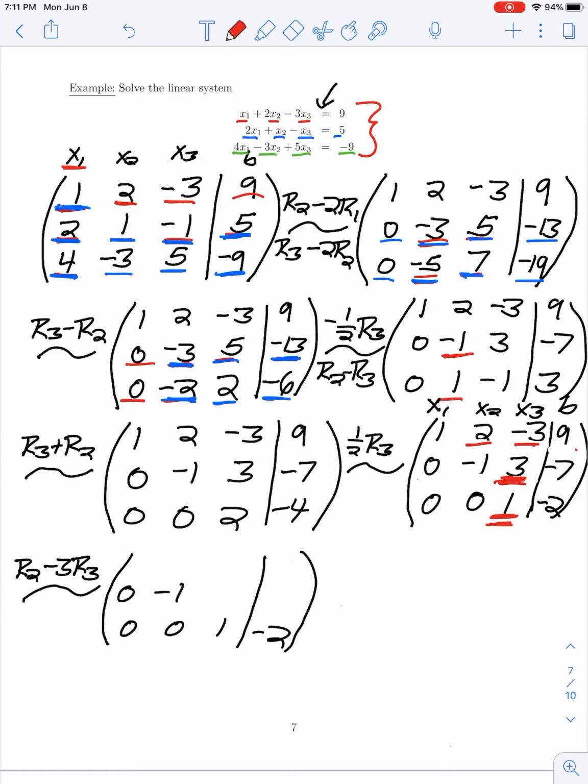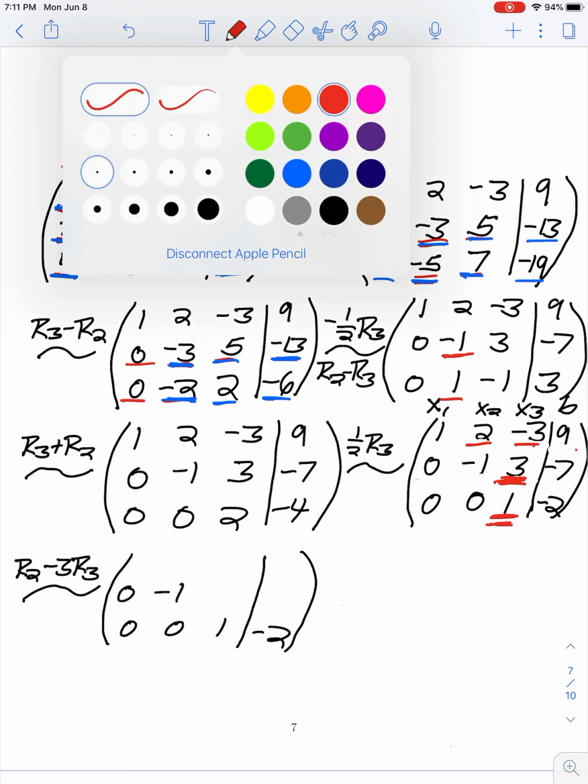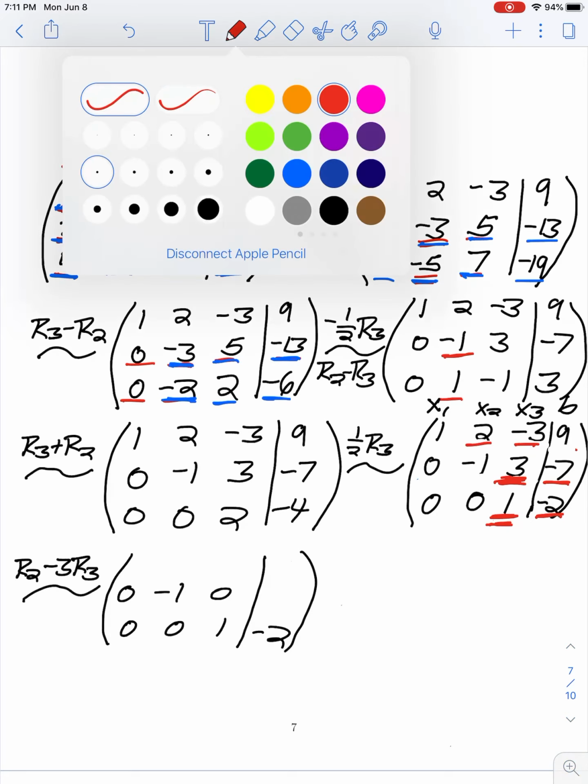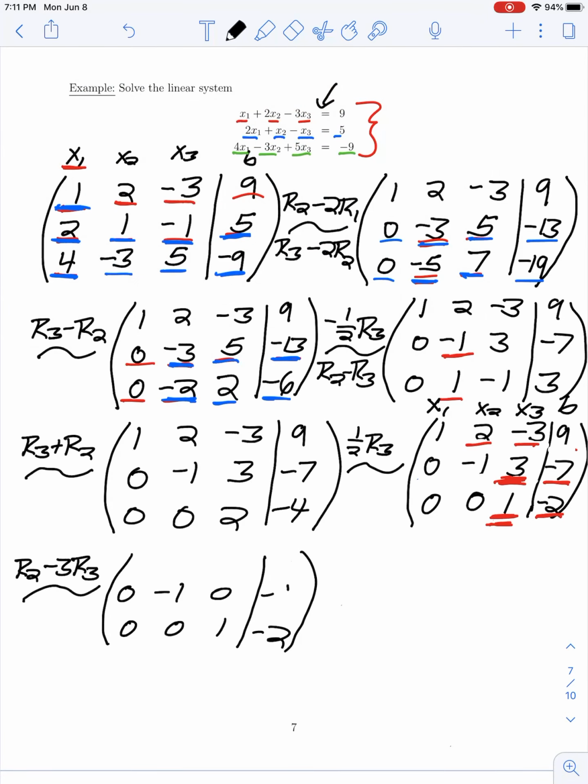So I would have a -3, and then I'm adding it to the second row. So my -3 plus 3 becomes a 0. And then performing that same operation on our constants, multiplying -3 by -2, I have a +6. I'm adding it to -7. That leaves me with a -1 here.